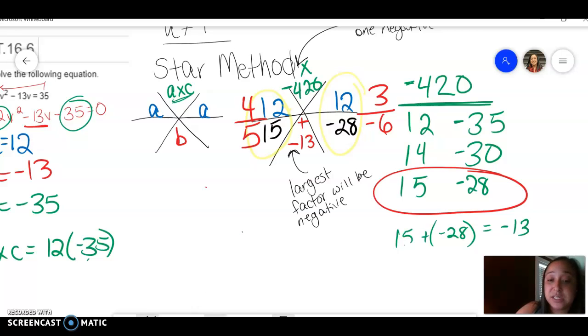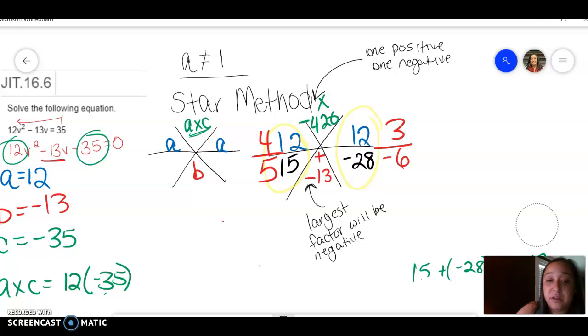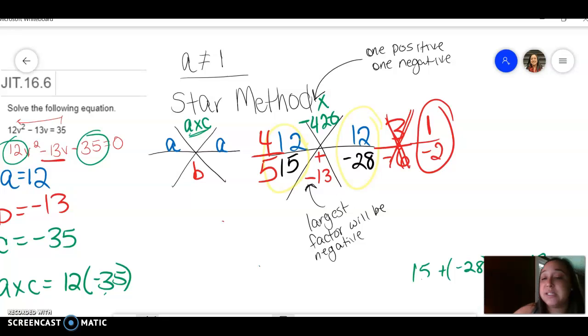I can reduce this again. Let's erase this to the side. I know that 3 will go into 3 one time. 3 will go into a negative 6 negative 2 times. So that wasn't completely reduced. I need the one that is completely reduced. So I'm going to circle what I'm going to use.